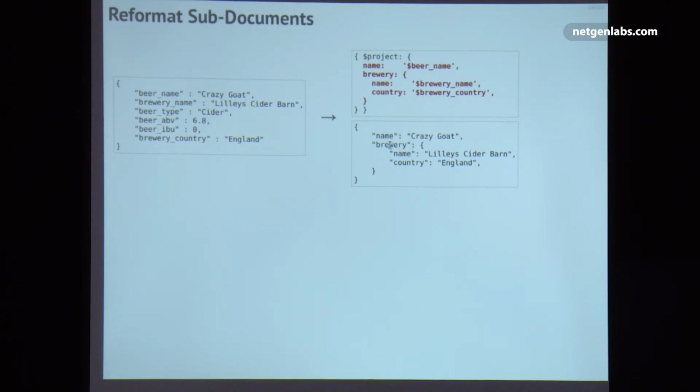And then the resulting document is this subdocument where you have brewery with those two subfields. You can also do the other way around. You can pick out keys from a subdocument and store it in the top level document. My data set doesn't have an example for that, so I'm not showing that here, but you can also do it.